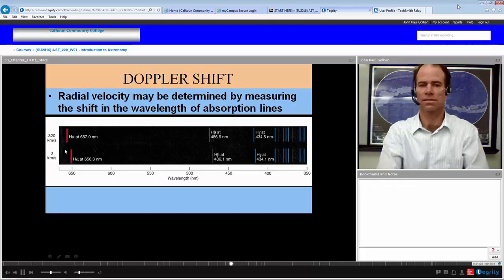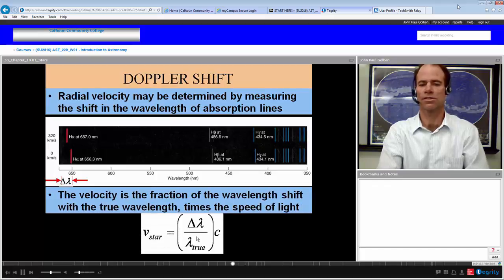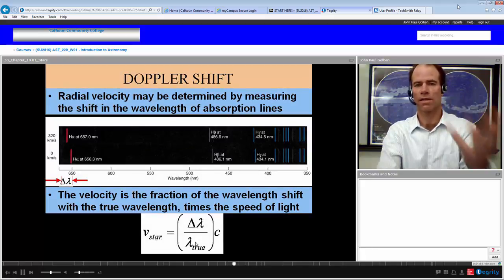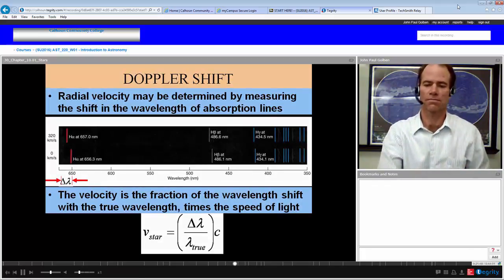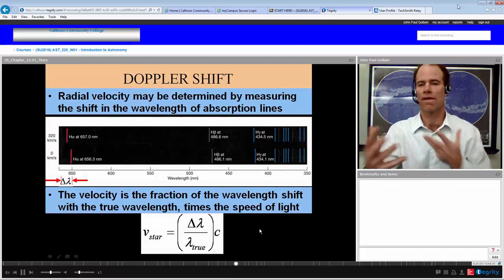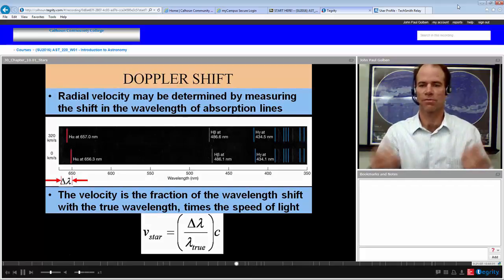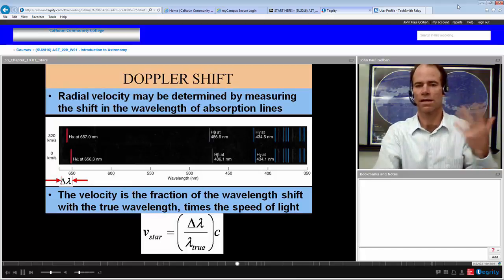And so if we measure the change of wavelength that it shifts by, then the ratio of that change of wavelength to the true wavelength of the hydrogen multiplied by the speed of light will give us the velocity of the star radially as it's either moving away from us or towards us. This is actually a simplified version, but it's a nice, accurate version of how fast a star would be moving in relation to us, and that would be a simple measurement for an astronomer to do. But that would be a Doppler shift measurement.